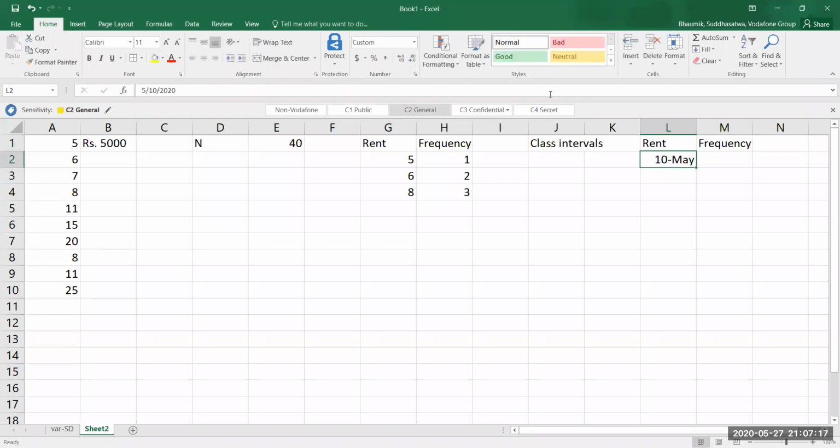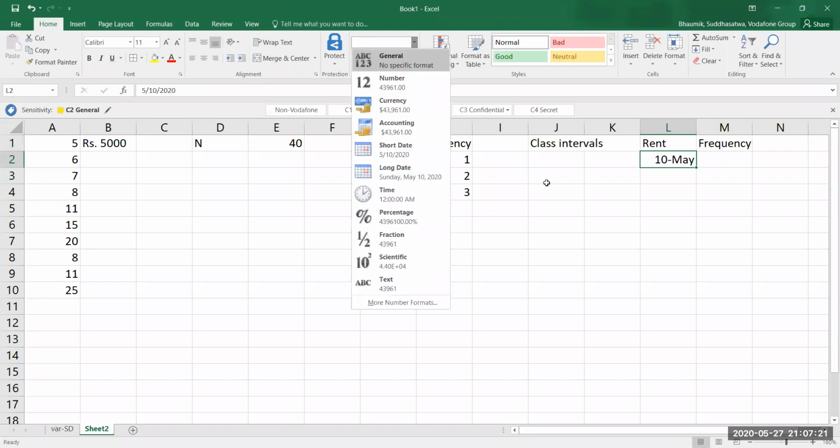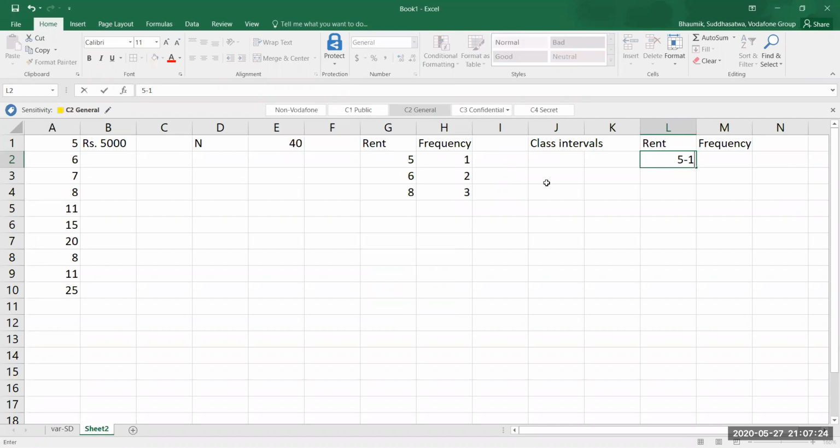Let me just change the formatting because it is taking this as general. There is some problem here, so maybe I'll just use the pen. This will not be a good idea. Let me go back here.